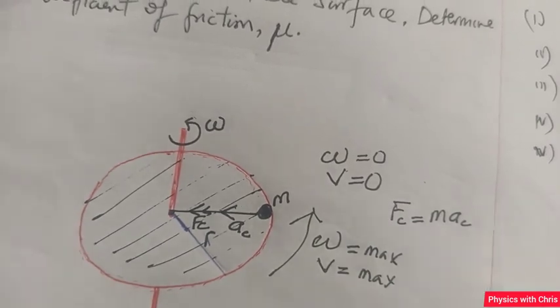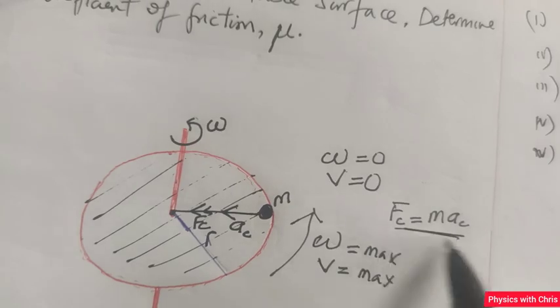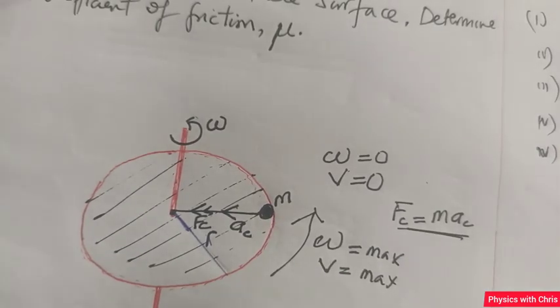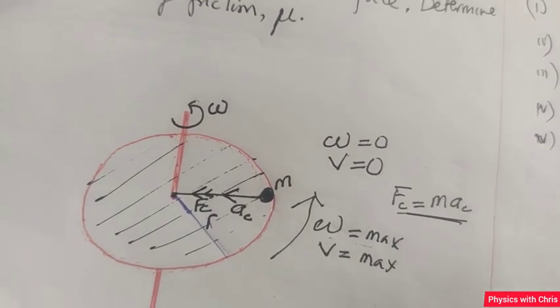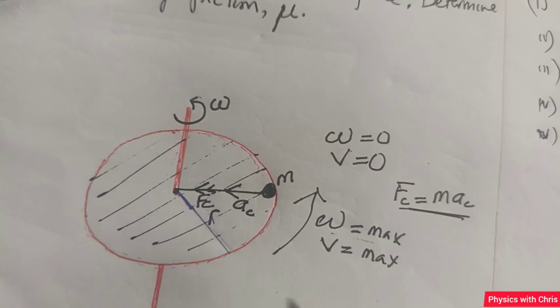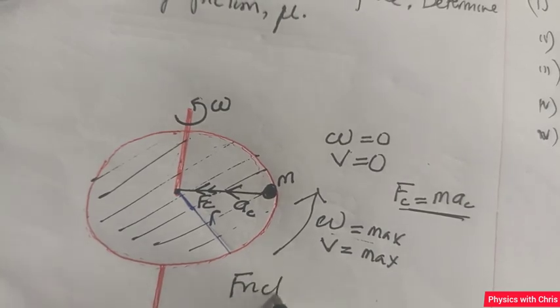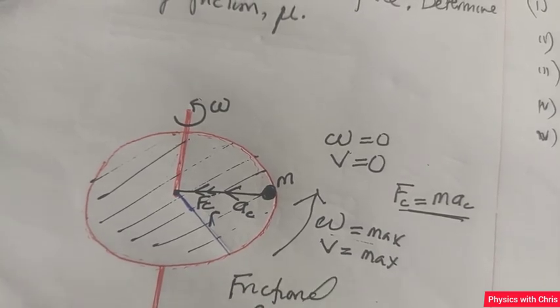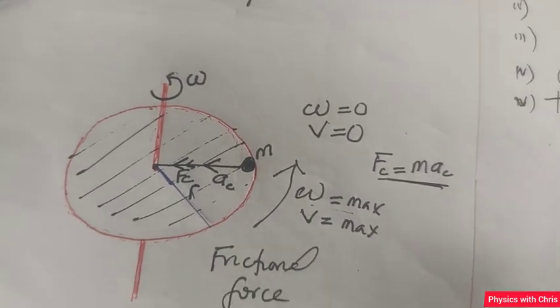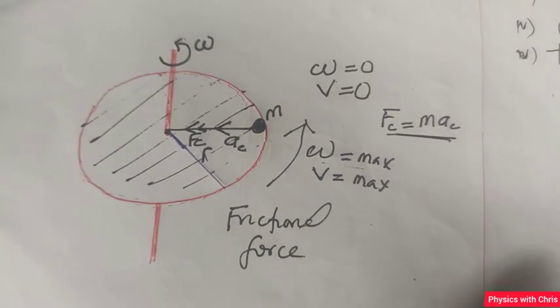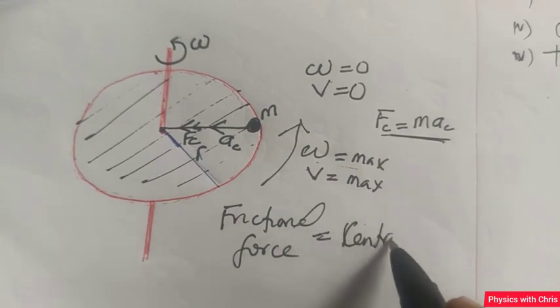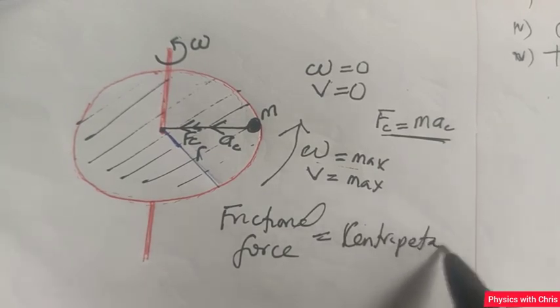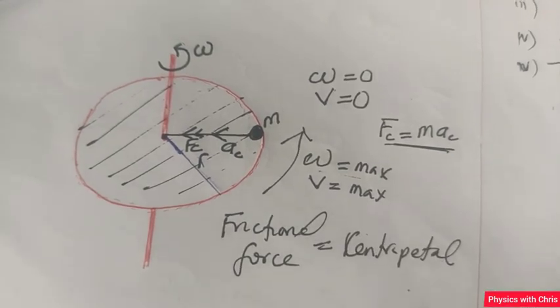Without this centripetal force, this body will not remain on the turntable while the turntable rotates with a constant angular velocity, which means we can see that the frictional force between the body of mass m and the turntable provides the centripetal force that is needed to keep the body in motion on the turntable.